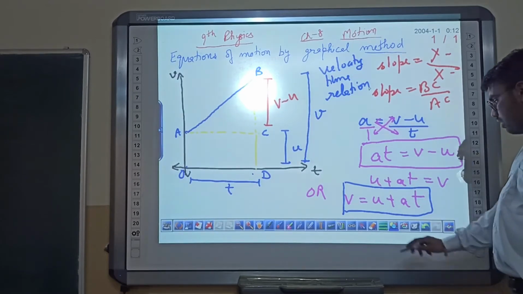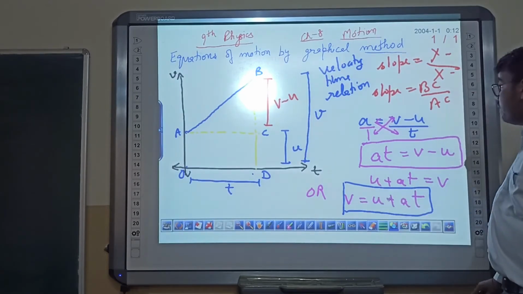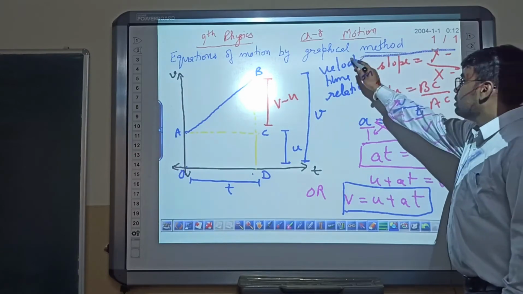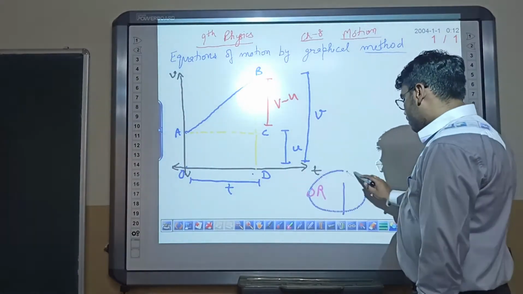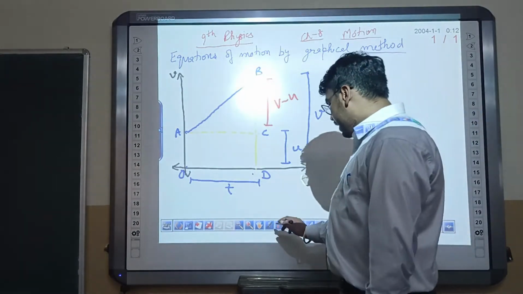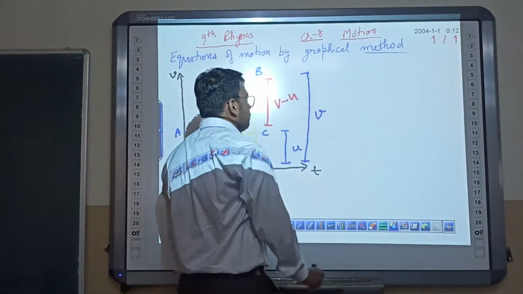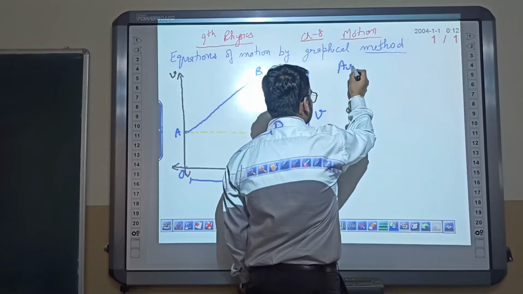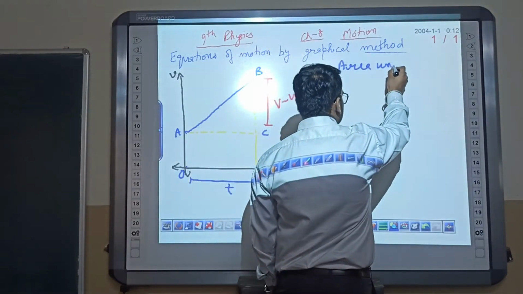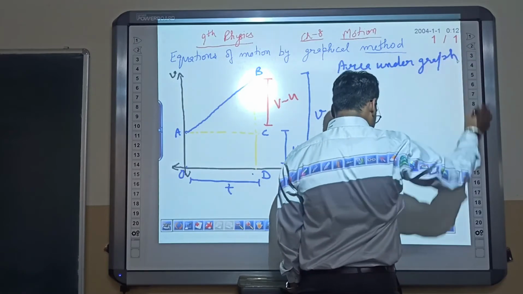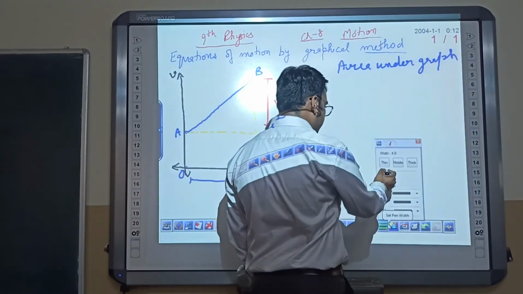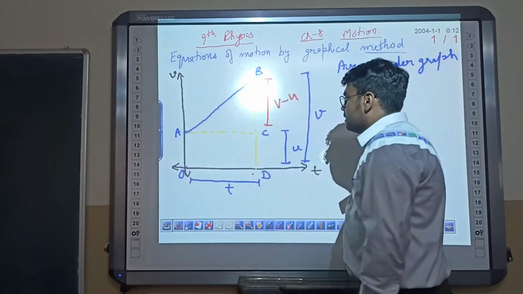Now for the next equation of motion, what will we use? For the next equation we use the area under the graph. So let us find the area of this graph.